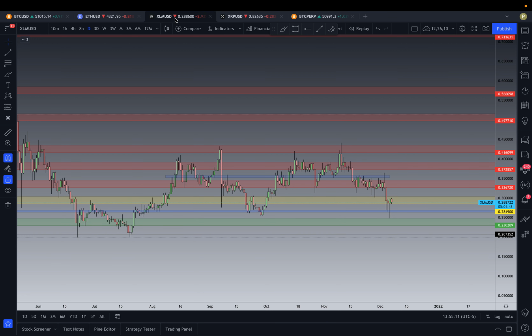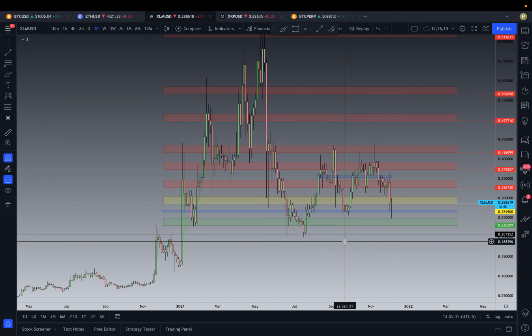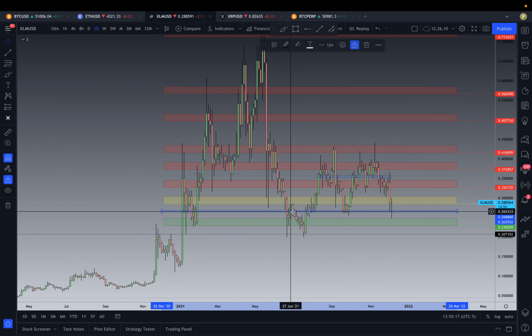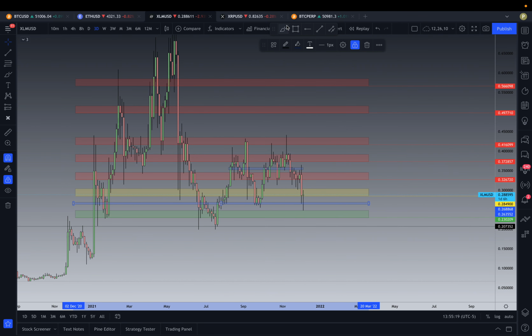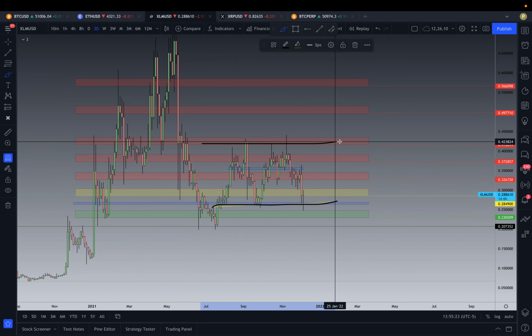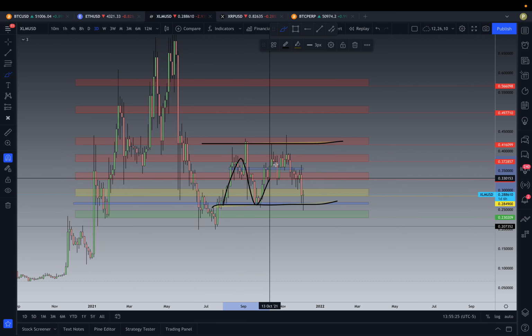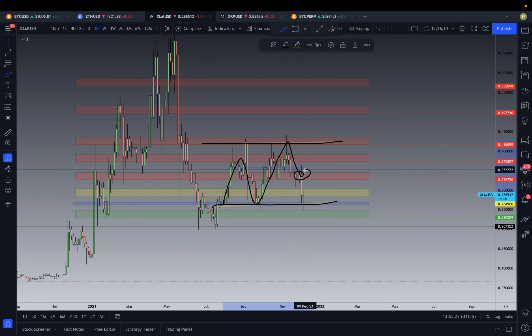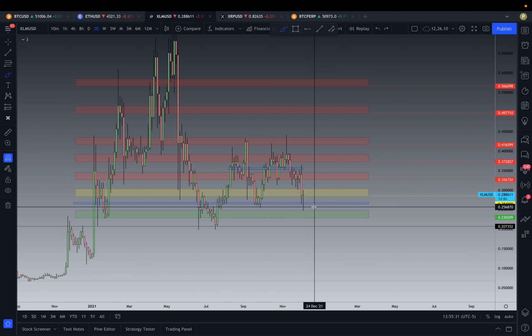Let's move over to XLM. Let's see the 3 day. Guess you guys remember my range. I think we were around here. I mentioned 1 and 2, and we were just kind of bouncing off. And if we broke here, we would see some more downside. Well, we saw the downside thanks to Bitcoin.